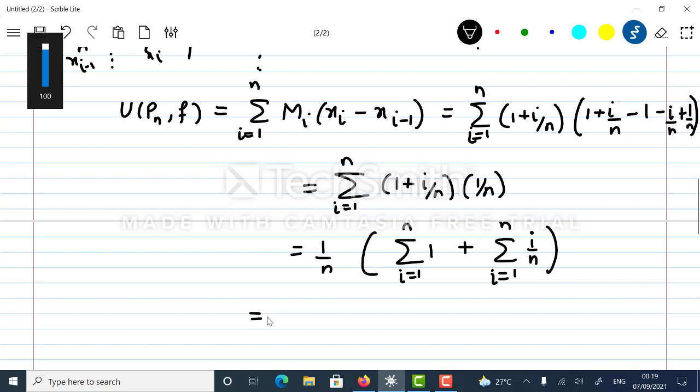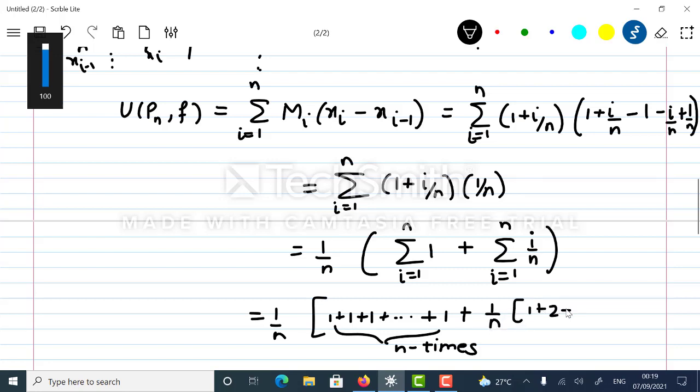What is the first summation? This is 1 plus 1 plus 1 plus, how many times? n times. Plus, this 1 by n is outside, so this is 1 plus 2 plus 3 plus dot dot dot n.